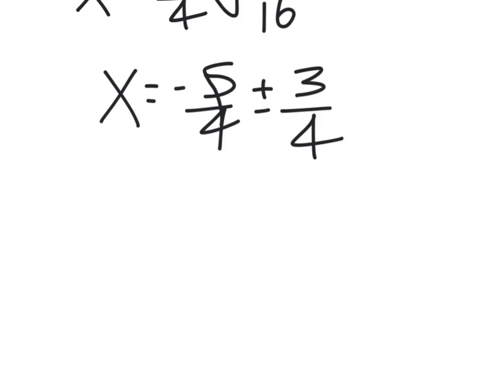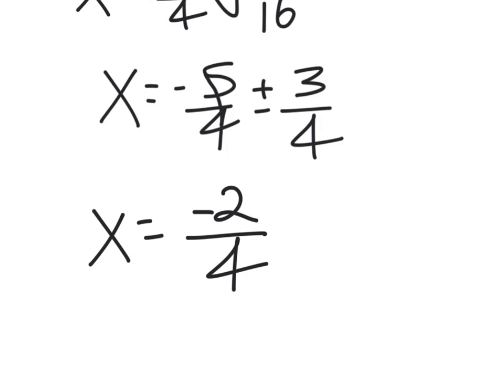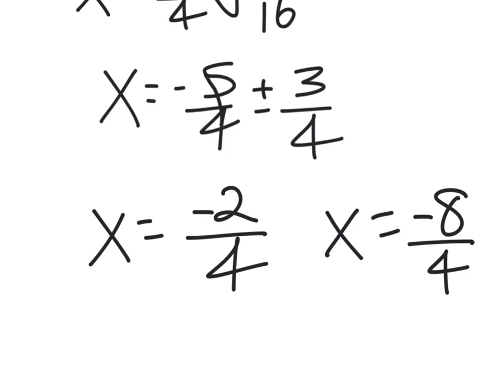We're trying to find the roots, and we've got negative 5 plus 3, and then we've got negative 5 minus 3. So negative 5 plus 3 is going to give us x equals what? Negative 2/4. Great. And we've also got negative 5 minus 3, and that's going to give us x equals negative 8/4, right?